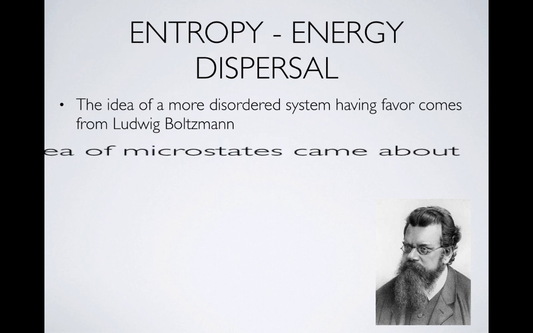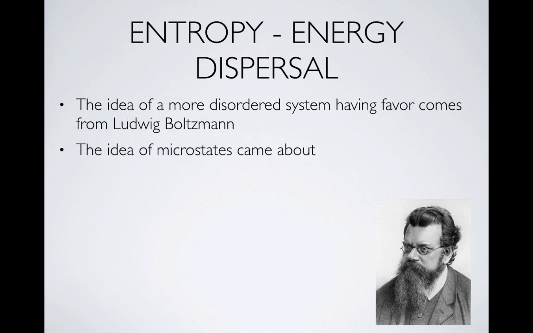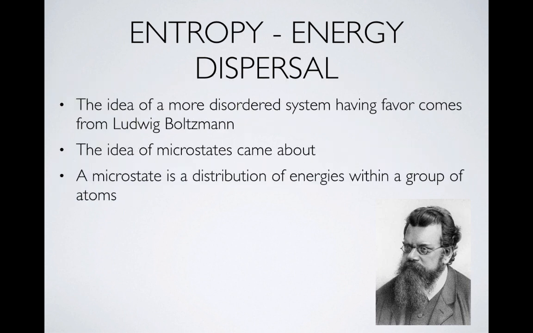What he found is that a more disordered system has favor, and he created this concept of microstates. A microstate is just a distribution of energy within a group of atoms, and there can be several different microstates that exist within a single macrostate of a system.